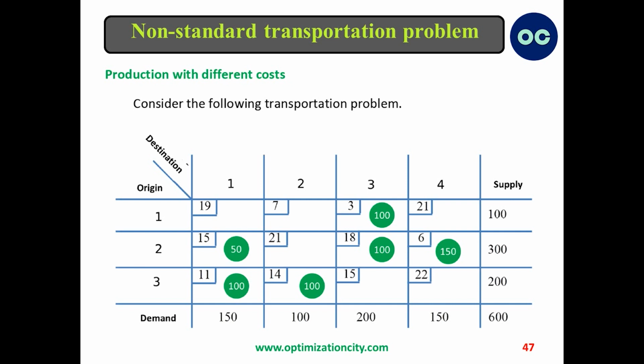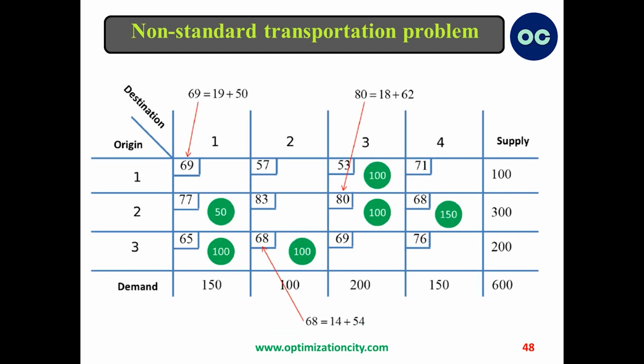If we assume that the production cost per unit of the 3 factories is 50, 62, and 44 respectively, the total cost will be determined by adding the production cost to the transportation cost for each unit. So here, this is the updated table. As we stated, the production cost for factory 1 is 50, so we add 19 plus 50, which is equal to 69.